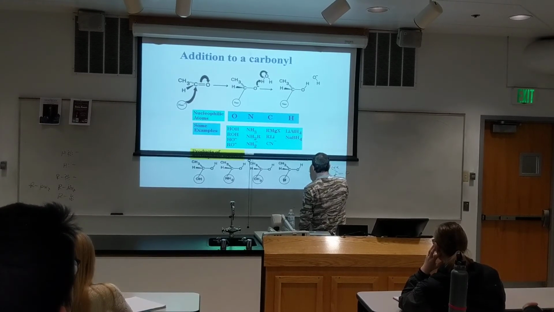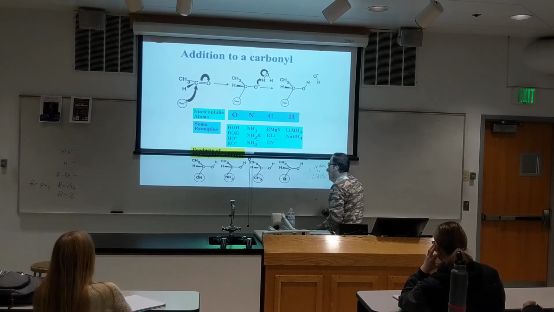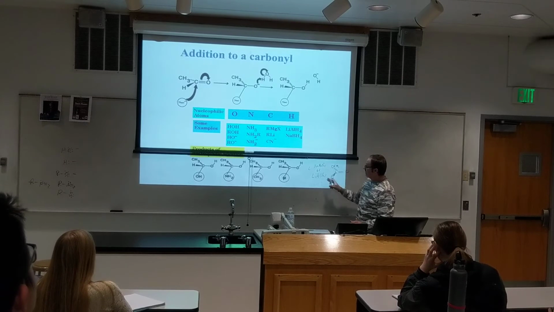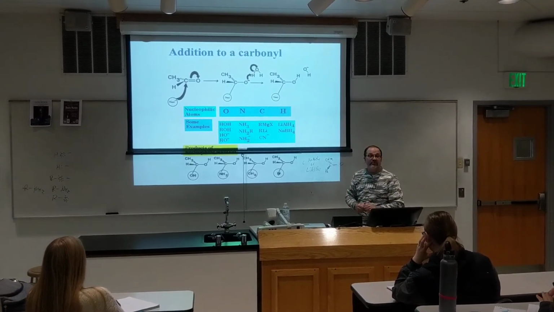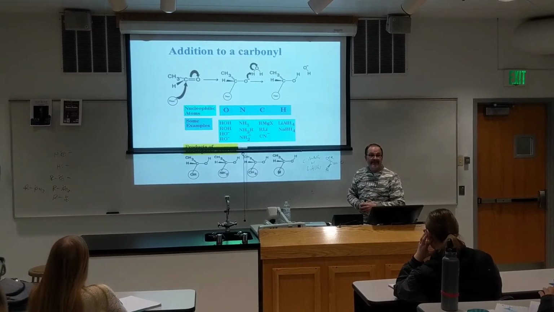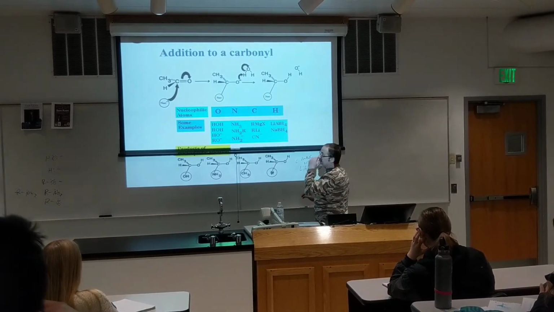NaBH4 or lithium aluminum hydride, either one of those would convert this aldehyde into that alcohol. Okay, that's the reaction we just looked at. So it's an overall general mechanism that allows you to predict everything.